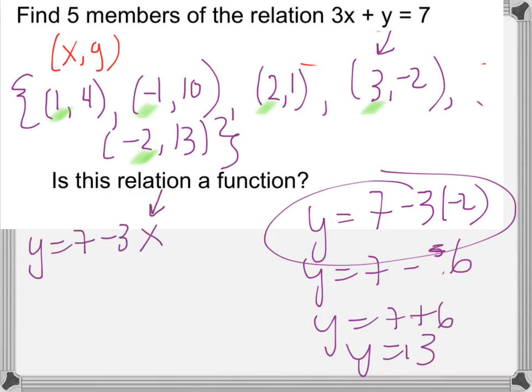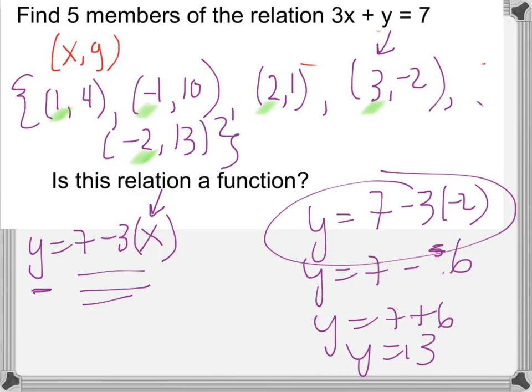So any value of x I choose, is there any possibility that if I chose some value for x, it would come up with two different values for y? The answer is no. If I choose 1, I come up with 4. If I chose 1, it couldn't suddenly come up with something else because I run it through some sort of computation. So whenever I put 1 in here, I'm going to come up with a specific number, in this case 4.